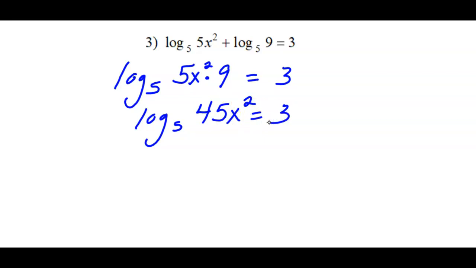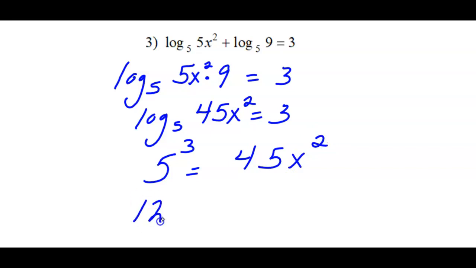Now we're going to go into exponential form because I have a log on one side and a number on the other. So 5 to the third power equals 45x squared. So my left side is going to be 125.